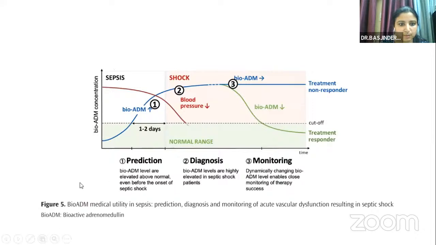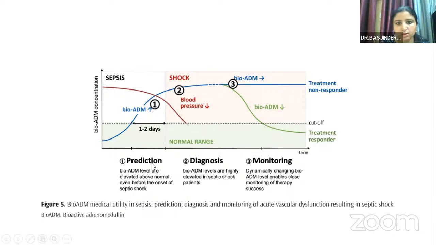So here you can see that in the sepsis condition, the patient has not yet gone into shock, so BP has not yet decreased, but in the initial 1 or 2 days, the proadrenomedullin levels are elevated above normal even before the onset of the septic shock. So it can be a prognostic marker, it can be a diagnostic marker to tell you that your patient is likely to go into septic shock in the coming days.